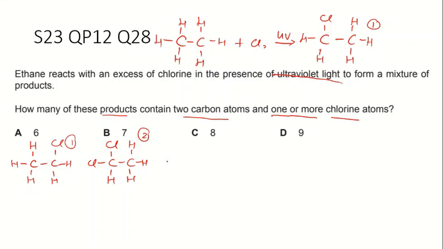Now what if I put each chlorine bonded to a different carbon? Look at 2 and the new product, let's say 3. Are they the same? The answer is no. This will be 1,1-dichloroethane, but this is 1,2-dichloroethane. They have different names, different identity. They are not identical. So this will be product number 3.